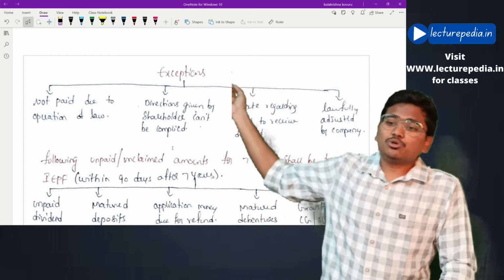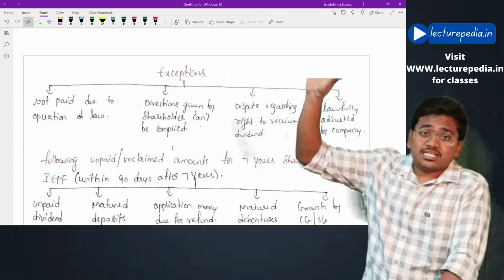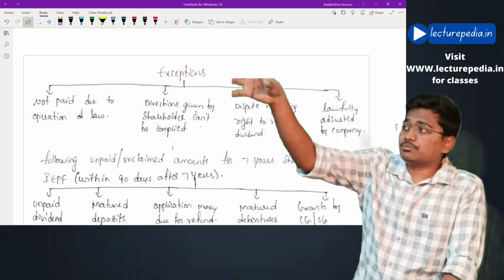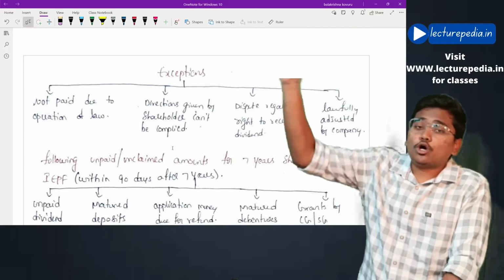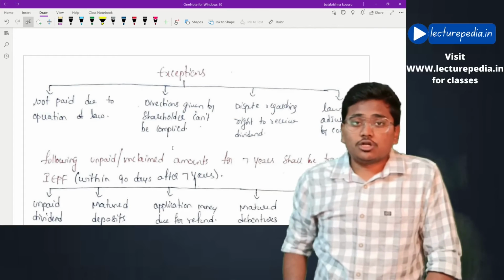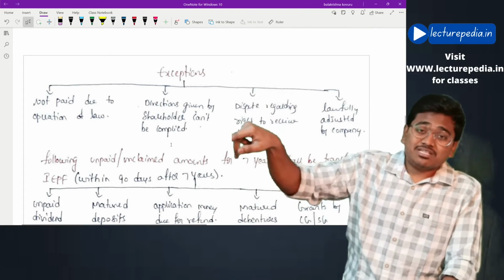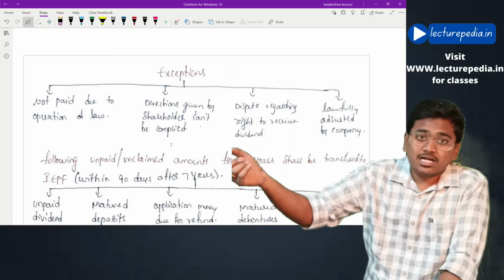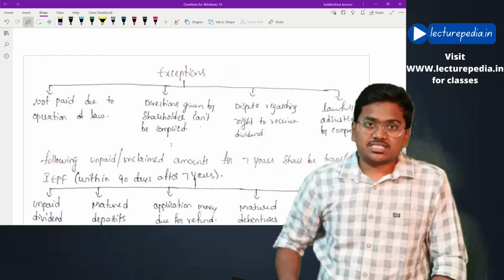Next, dispute regarding right to receive dividend. See, related to certain shares, some shareholders are disputing among themselves. They are quarreling among themselves that the right on the shares belongs to me. Now, they themselves don't have any idea of who is the rightful owner of those shares.